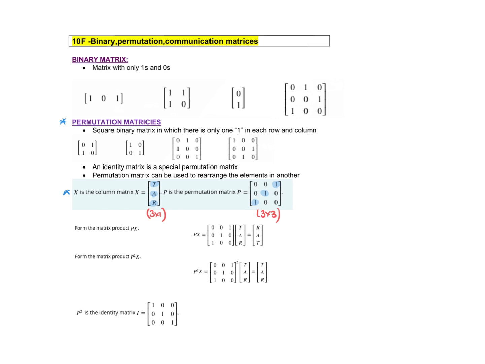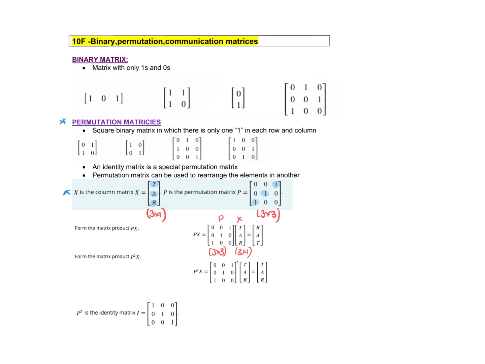Okay, so what we're going to do is pre-multiply that matrix X by the permutation. We have to pre-multiply because otherwise it wouldn't be defined.